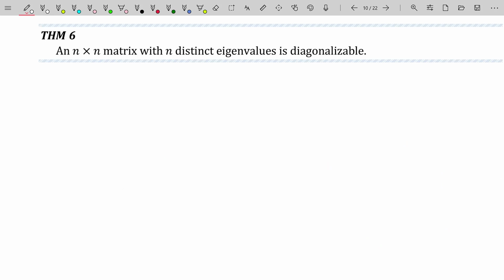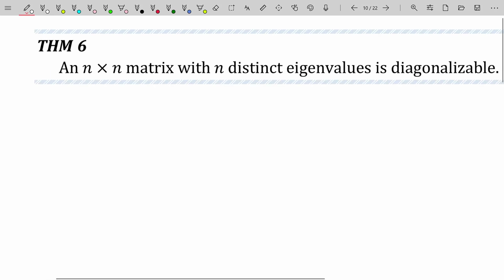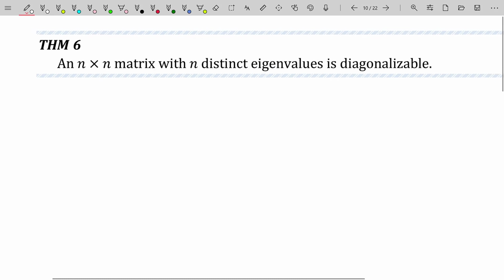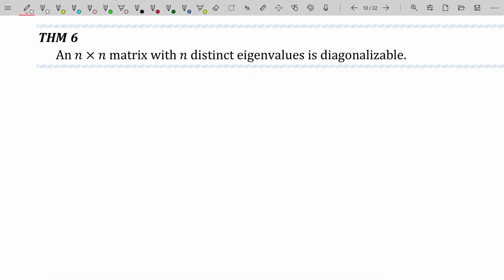Now let's talk about a theorem that seems like I've mentioned before, but I haven't actually mentioned at all. Now what I did mention with the diagonalization theorem is that if you have an n by n matrix and you have n linearly independent eigenvectors, then A is diagonalizable. But we never mentioned anything about eigenvalues. But this theorem is going to fix that. A square matrix with n distinct eigenvalues is diagonalizable.